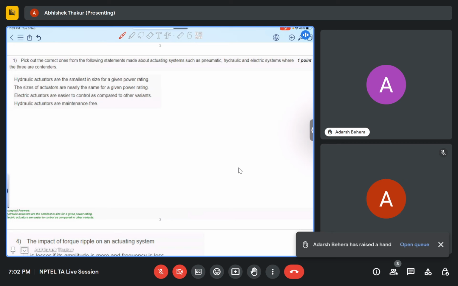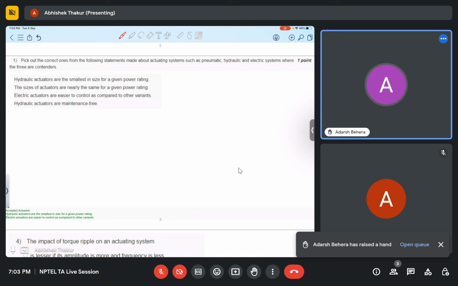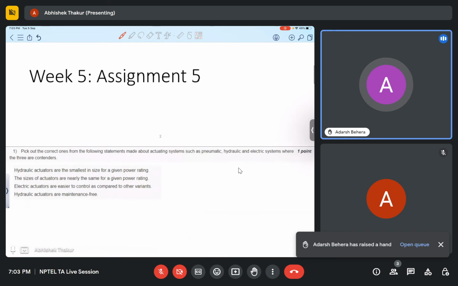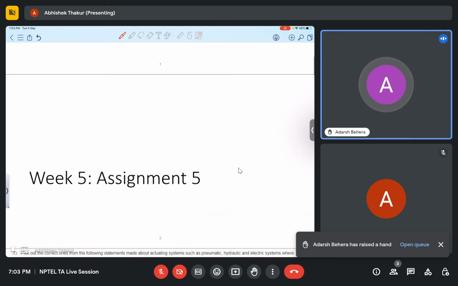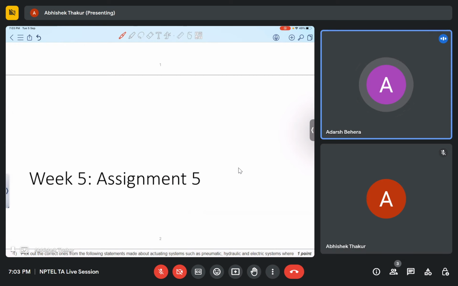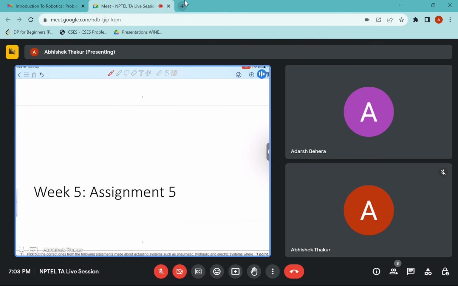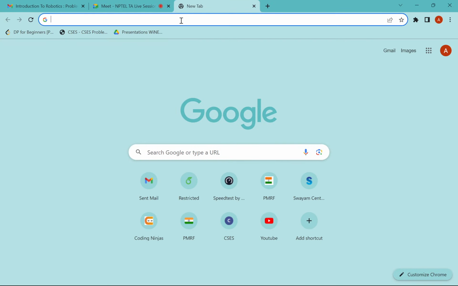Sir, a small request. I was solving assignment 6, and I may be wrong, but I find question number 9 has some missing data. I think this kind of question you should ask on the forum, because the question is made by the TAs.